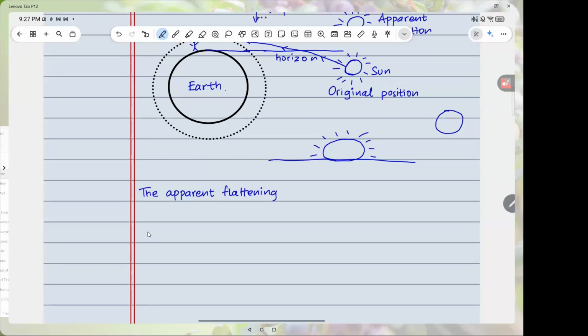It is also because of the same reason. What is the reason?